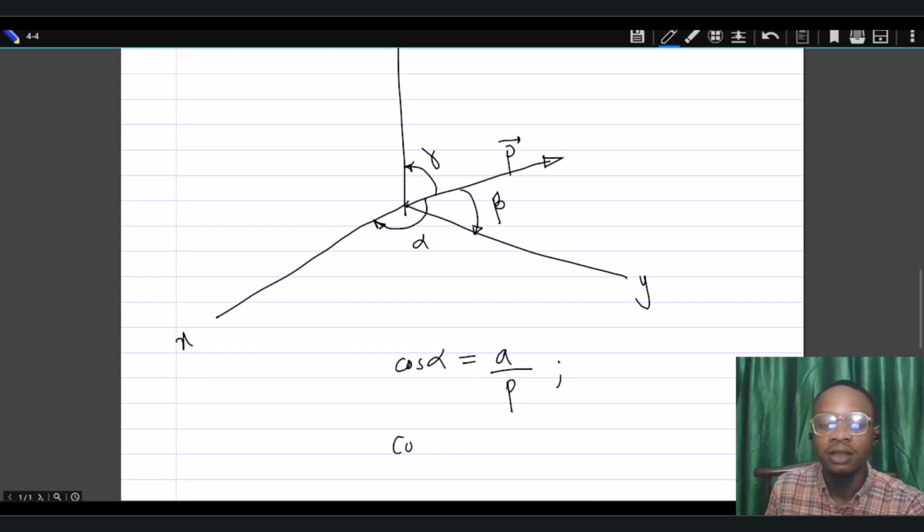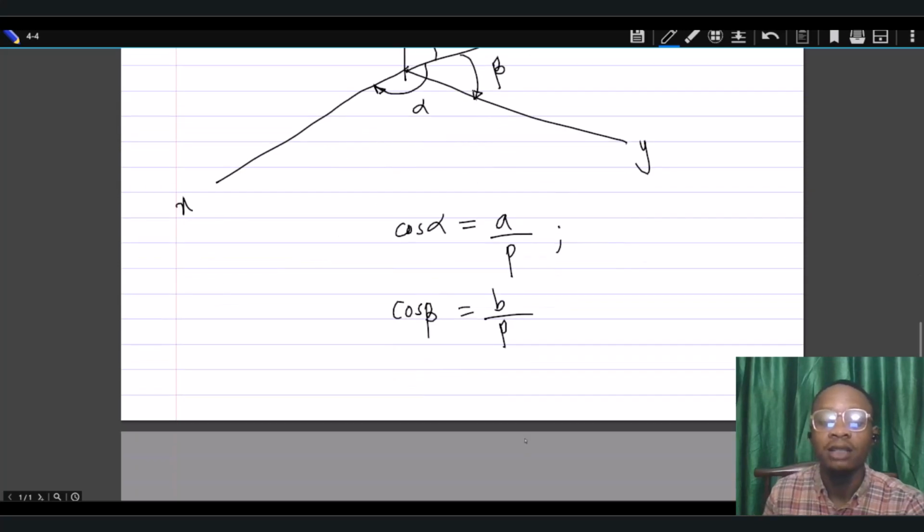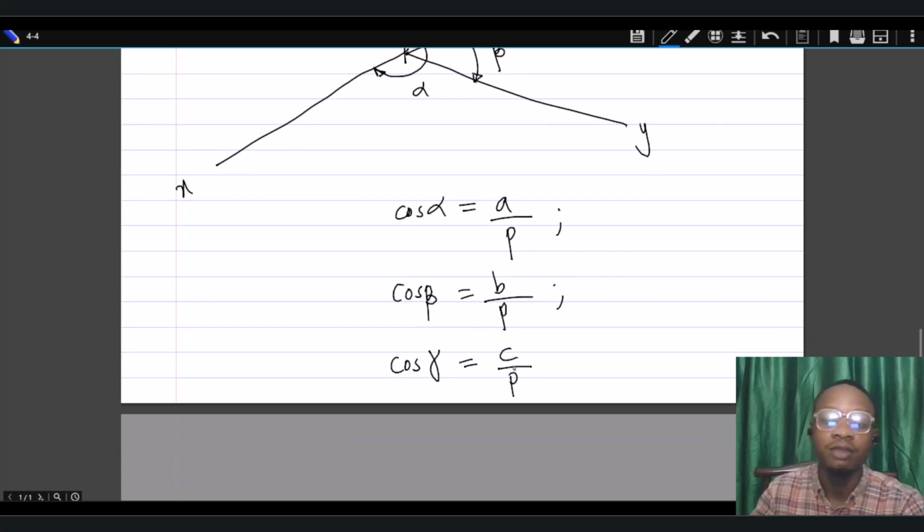And similarly, cos of beta will be given by the y component, b, divided by the magnitude of the vector as well. And cos of angle gamma will be given by the z component, which is c, divided by the magnitude of the vector.